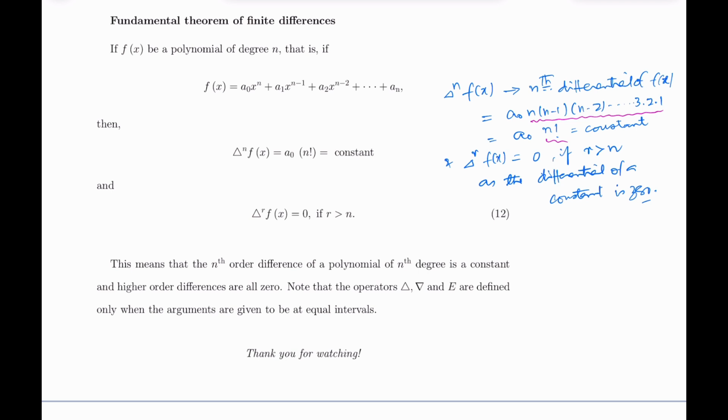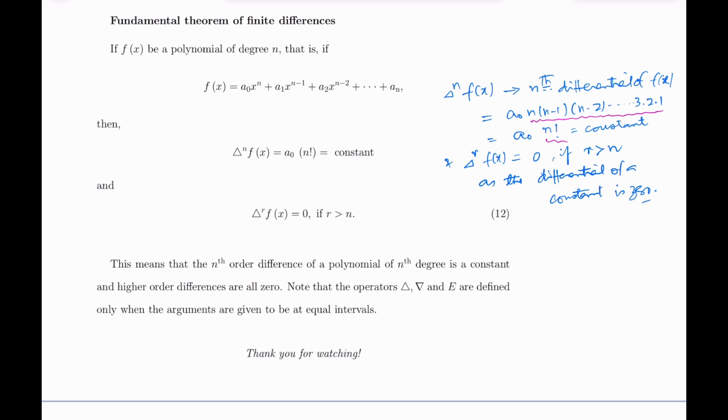And delta to the power r fx is 0 if r is greater than n. Because if this is a constant and you differentiate it once more or more than once, since the differential of a constant is 0, this term will always be 0. So this shows that the nth order difference of a polynomial of nth degree is a constant.